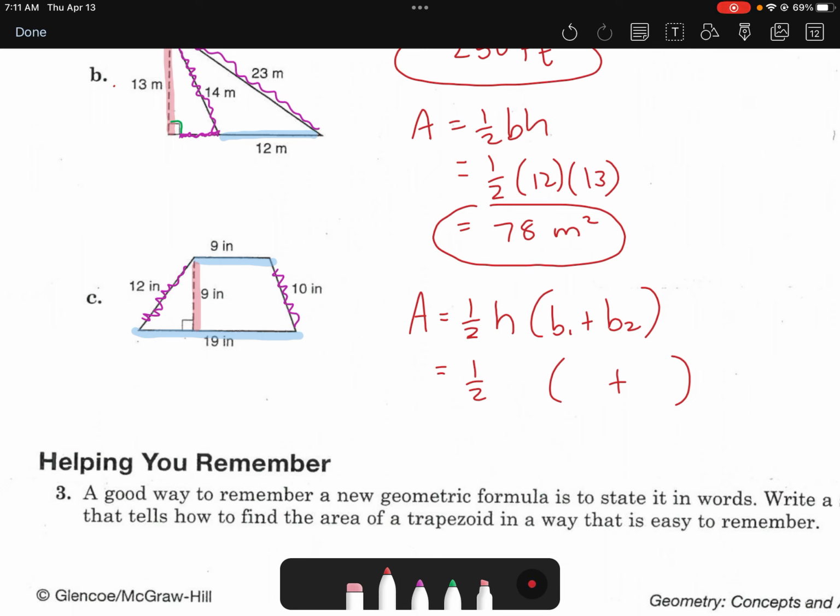We don't care about those when we find area. So our height is 9. Our base lengths are 9 and 19. So I'm going to type that one in as well. And you get 126 square inches.